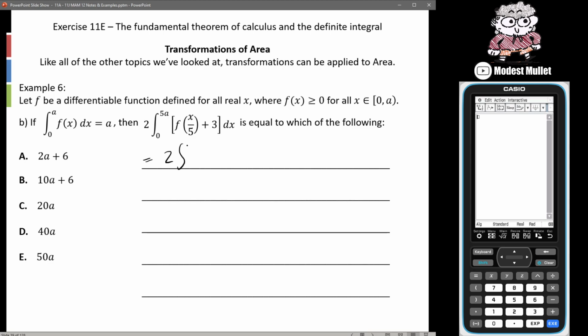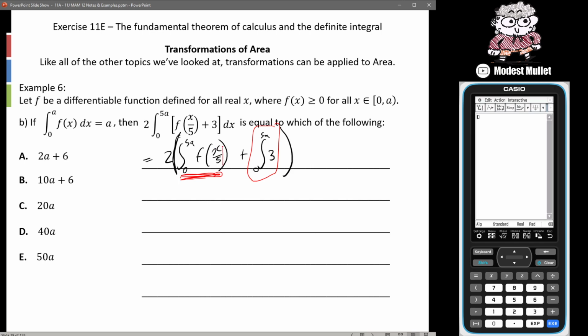So we can write this as 2 times the integral between 0 and 5a of f of x on 5 plus the integral between 0 and 5a of 3. And the 2's out the front of all of that. So first off, we can split it. Now, this we can do, and we'll just end up substituting, but what we really care about is this.